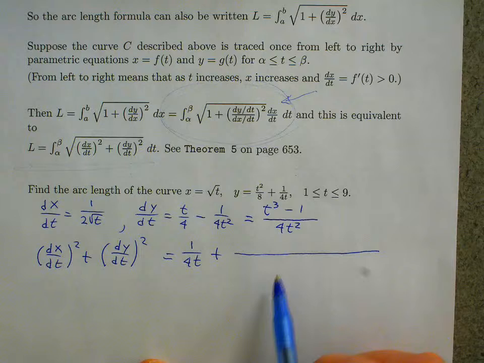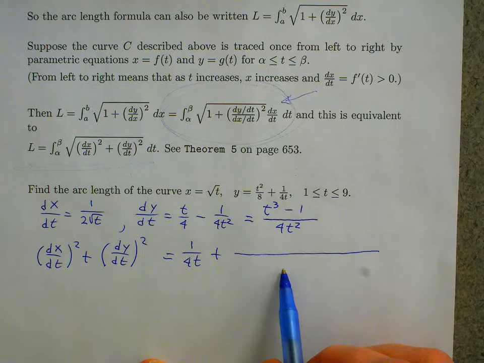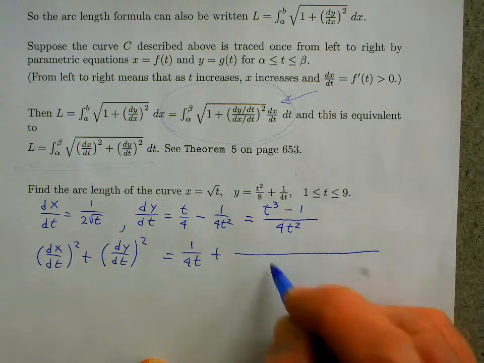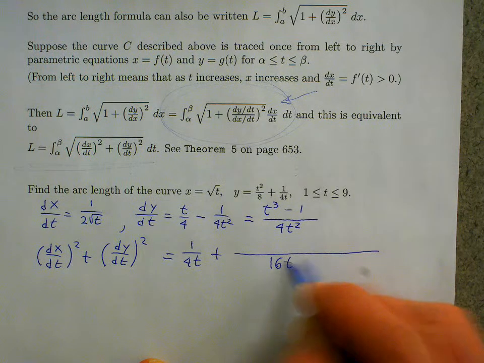So what goes in the denominator when we square dy/dt? 16t to the fourth, that's what I get.